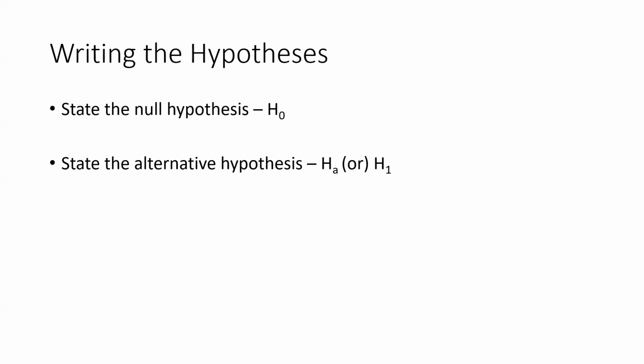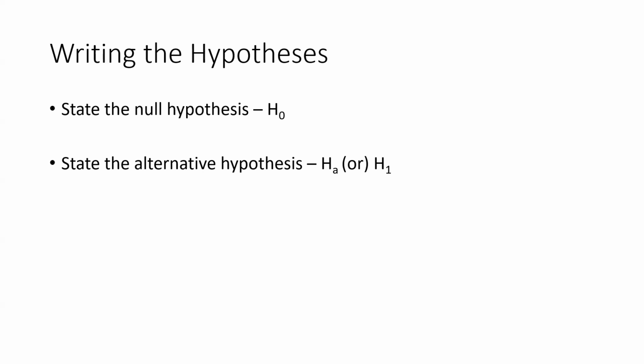So the pair is symbolically notated as such. When we state the null hypothesis symbolically, we state it as H subscript 0. And when we state the alternative hypothesis, we either state that as H subscript A or H subscript 1. Now, you're only really going to see this H subscript 0, H subscript A, or H subscript 1 within the classroom.